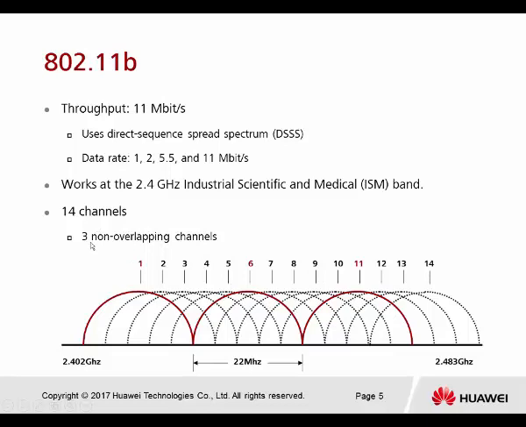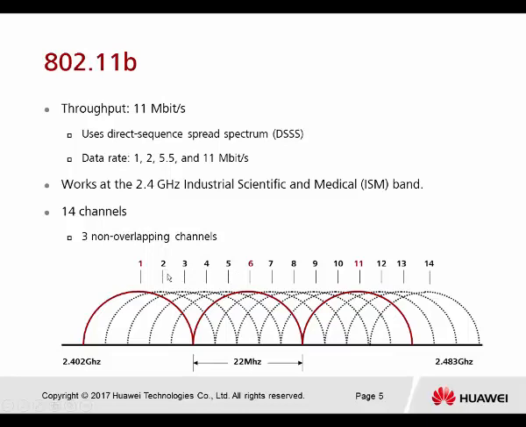Those non-overlapping channels are 1, 6, and 11. Because as we know, in 802.11b one channel occupies around 22 megahertz. Since one channel occupies 22 megahertz, try to avoid using channels that don't belong to the non-overlapping channels, like 2, 3, 4, 5.